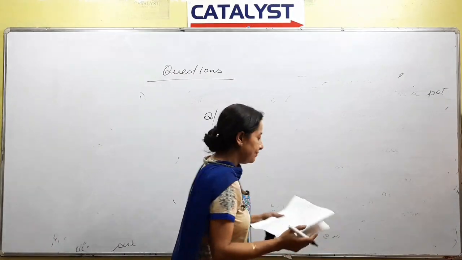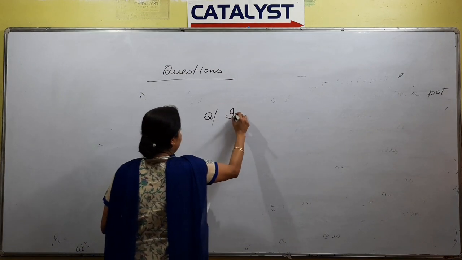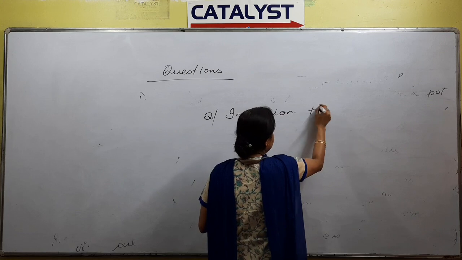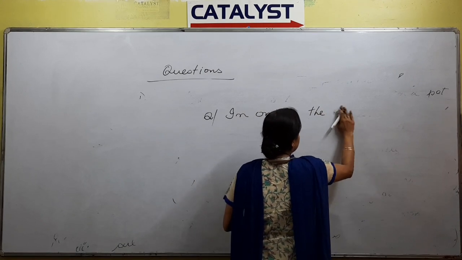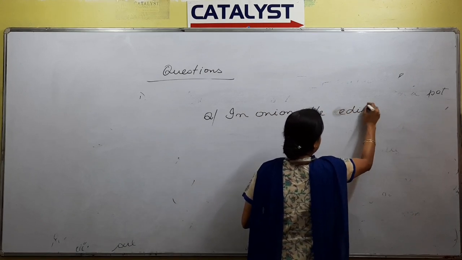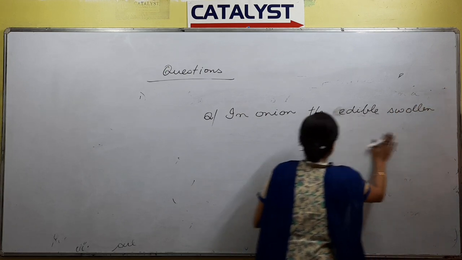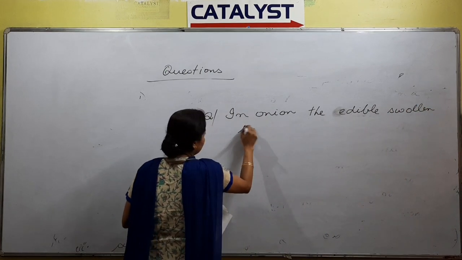Right, so in onion, the edible swollen part is which part that we eat?